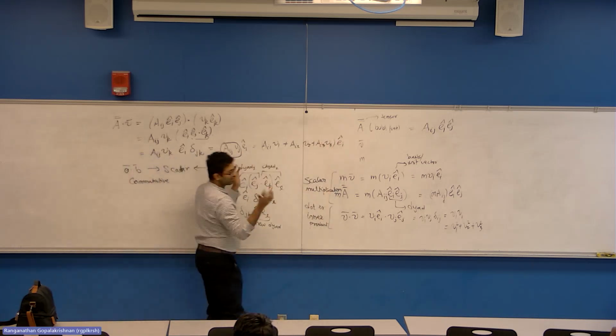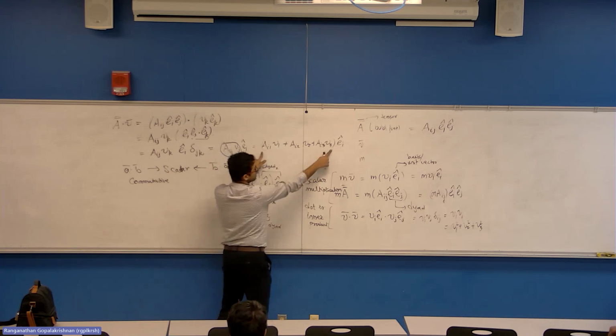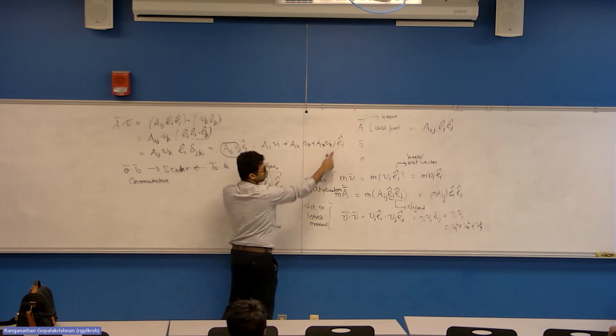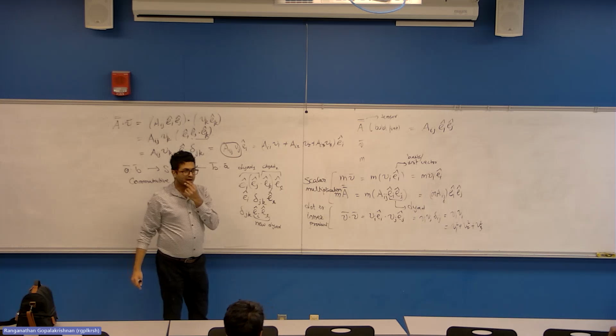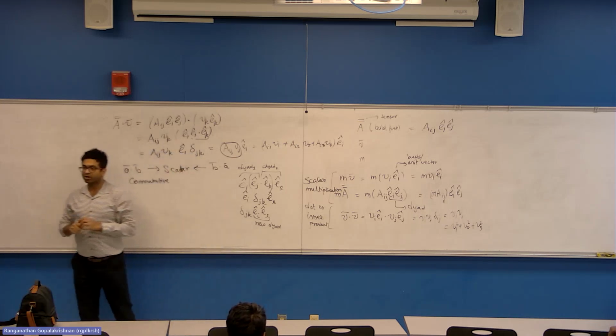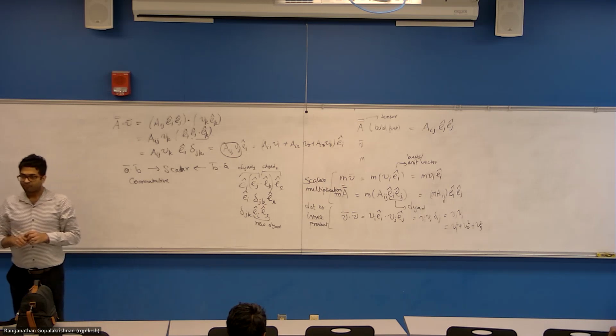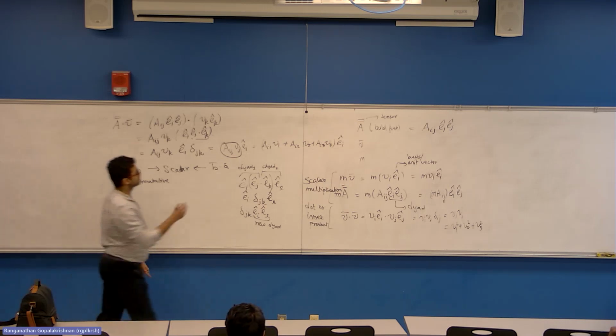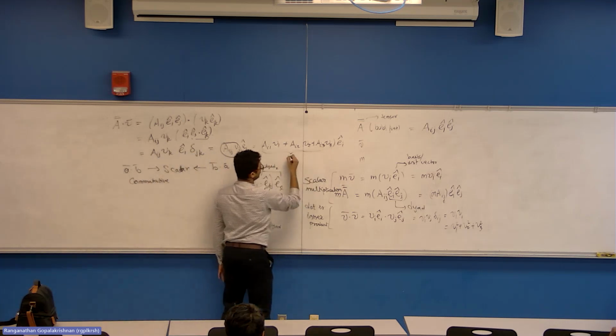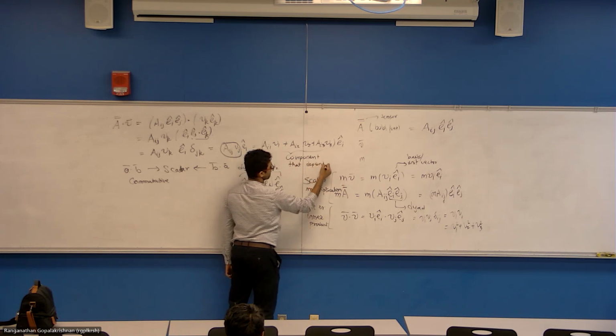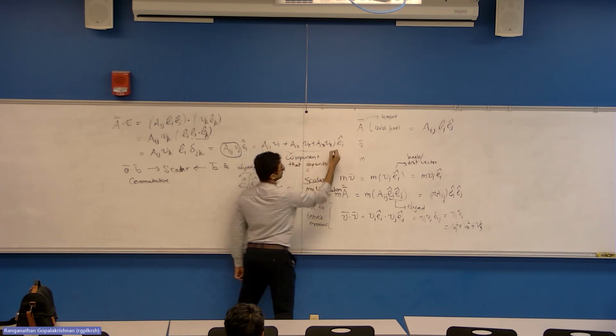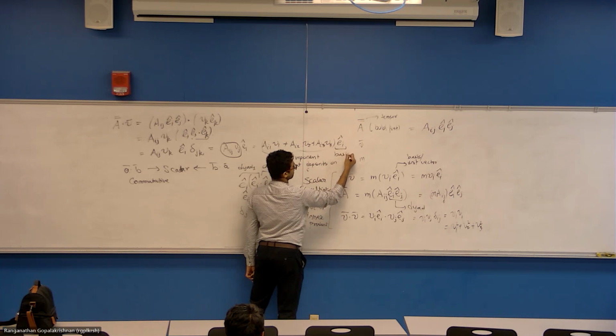So whatever it is, this may be a sum, but this is still a scalar multiplied by a unit vector. What is that quantity? A scalar multiplied by a unit vector, a component multiplied by a unit vector. That's a vector, right? This is a component that depends on I, and this is the basis vector.